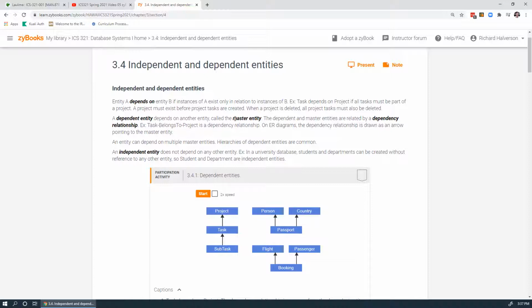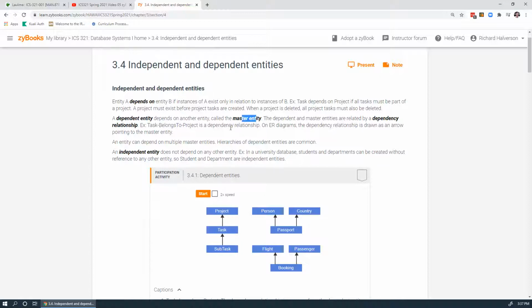So there's this master entity. You can't have an apartment without an apartment building. The master entity would be the apartment building, and inside it you have these apartments, so the apartments are dependent entities.